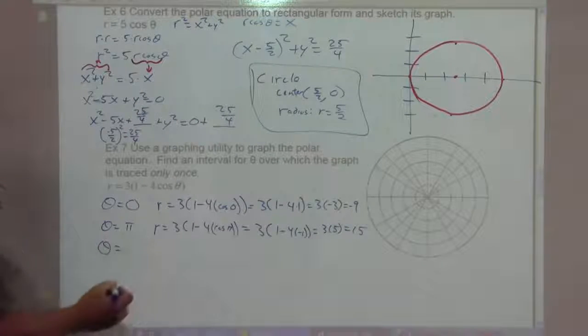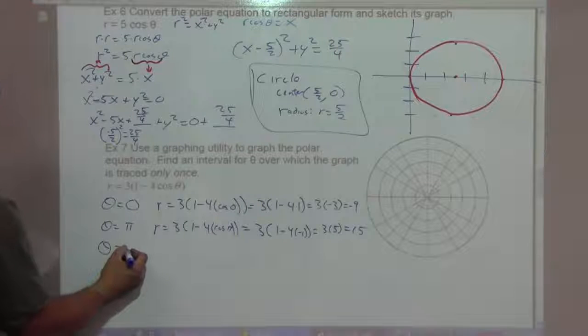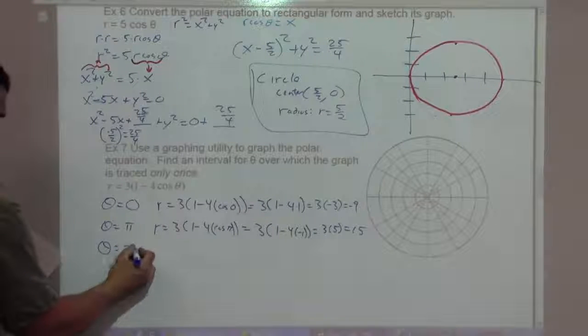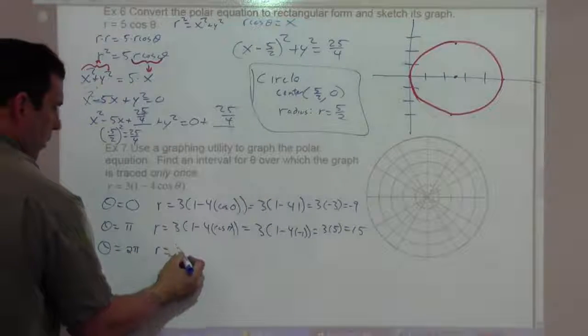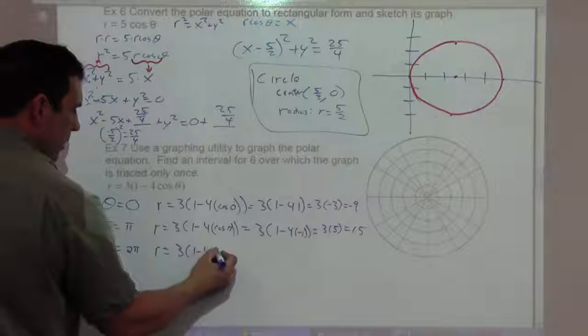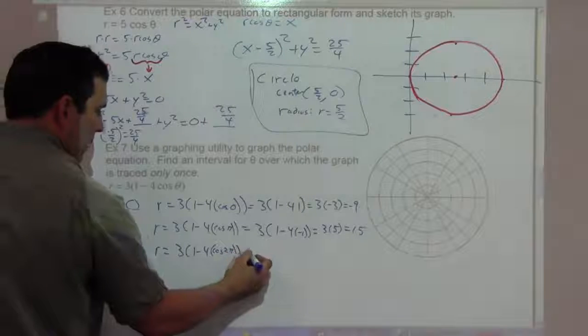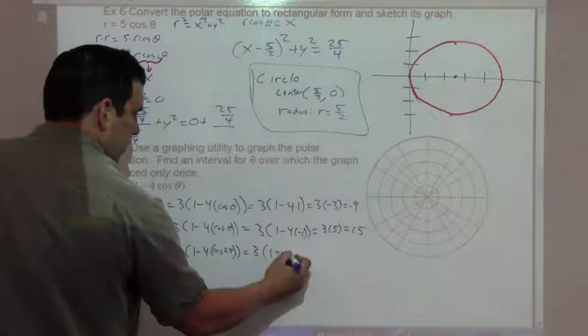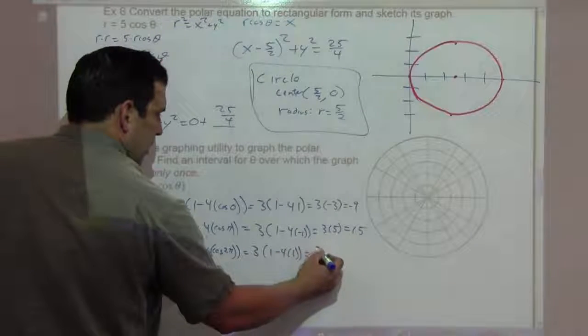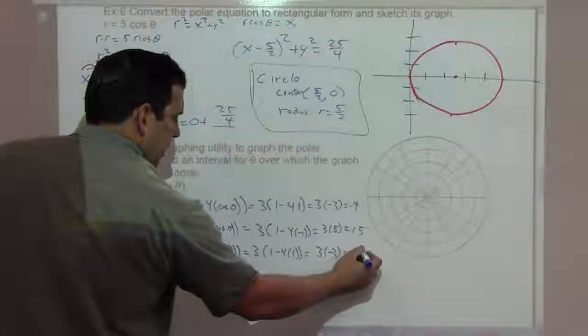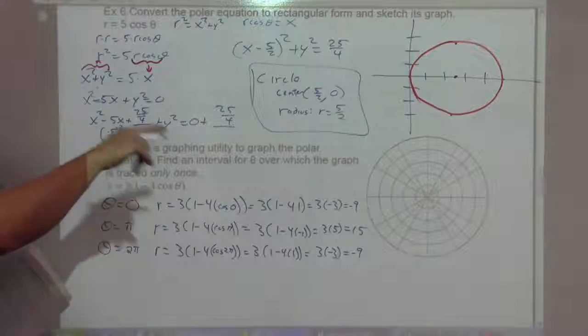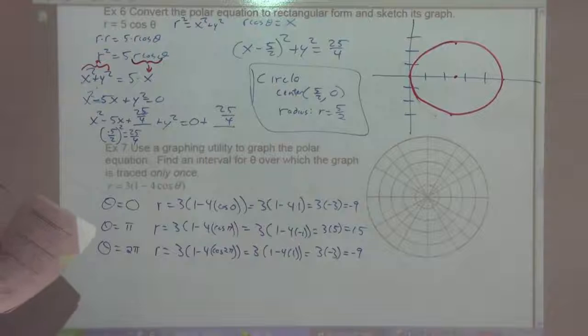For theta equals 2 pi, r is going to be 3 times (1 minus 4 times cosine of 2 pi). 3 times (1 minus 4 times 1) is 3 times negative 3. So we're back to negative 9. So from 0 to 2 pi would be one full cycle here.